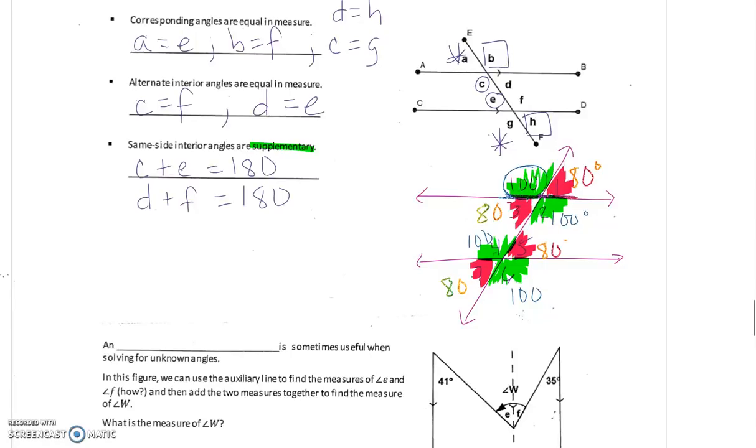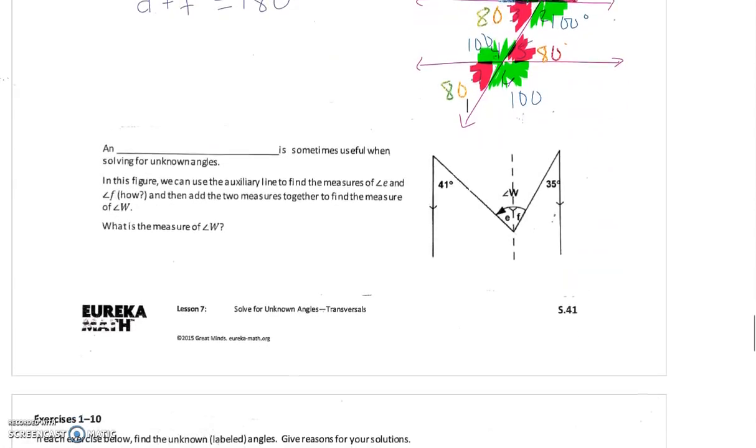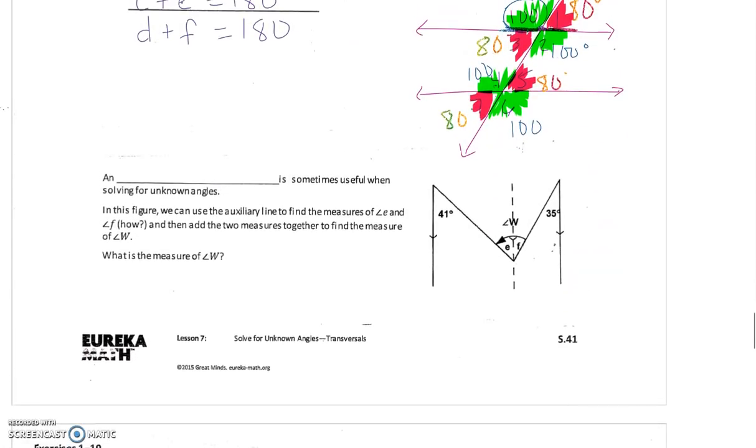Okay? So there may be some times where you have parallel lines, but the angle you're looking for is maybe not on one of the parallel lines. That's when you might need what's called an auxiliary line.